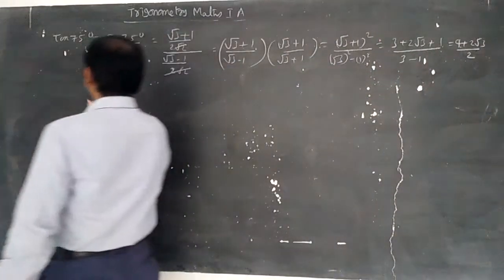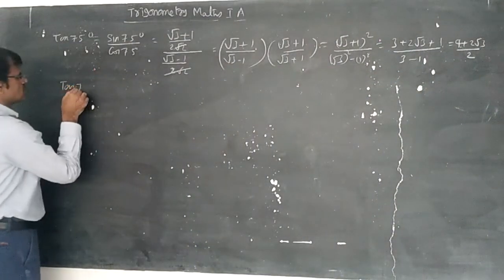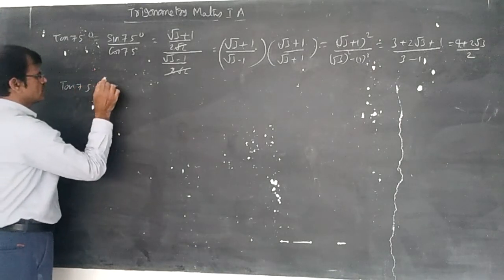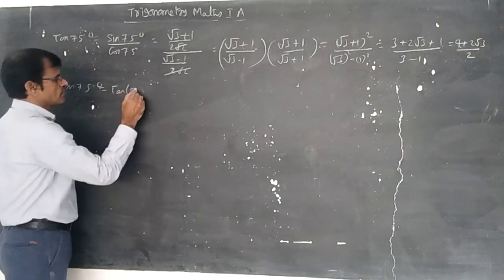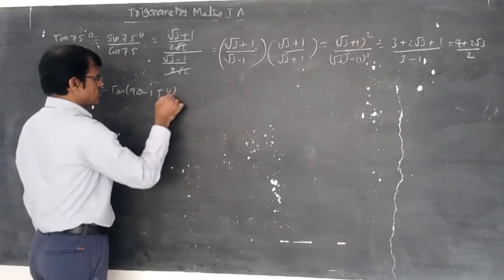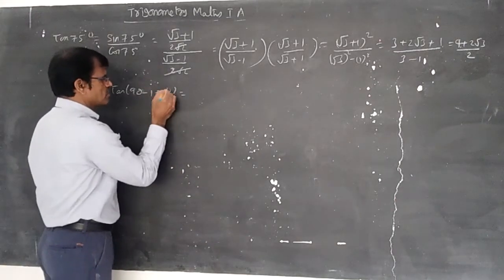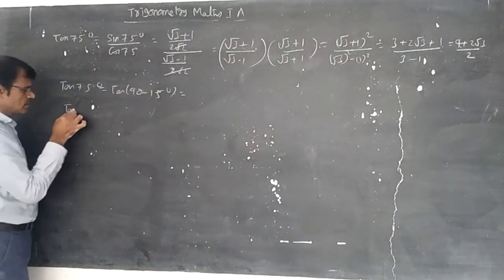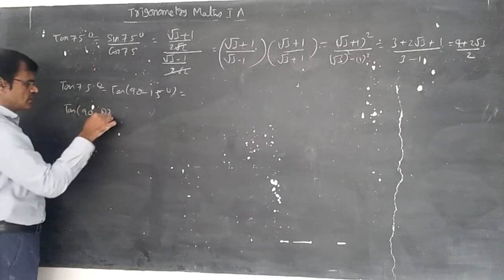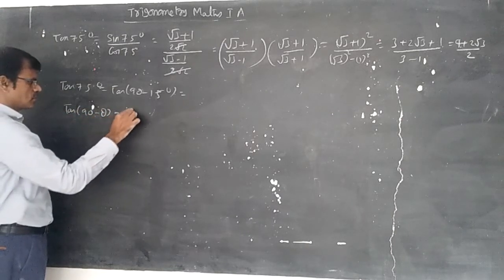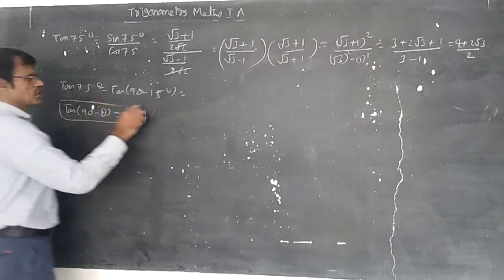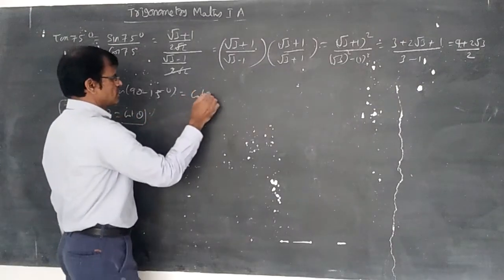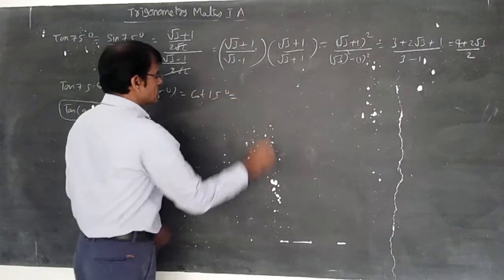So to take common here, you can write here tan 75 is equal to tan of 90 minus 15. So tan 90 minus theta I am writing here. Tan of 90 minus theta is equal to cot theta. So here you can write tan of 90 minus 15 is equal to cot 15.